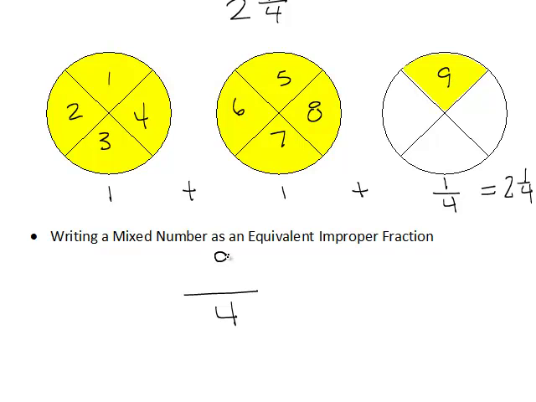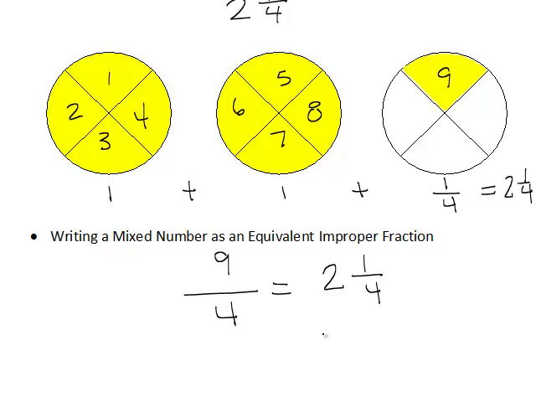I have 9 yellow pieces of a whole that's cut into 4. So 9/4 is how many pieces of yellow I have. That should be the same as 2 1/4 because we've already determined that we have a mixed number of 2 1/4.